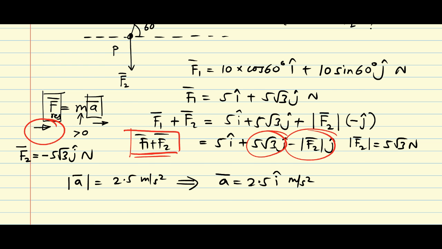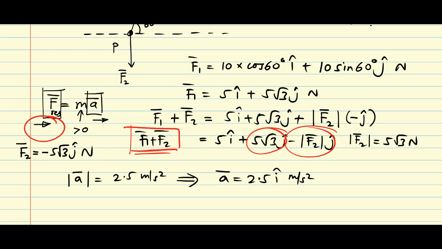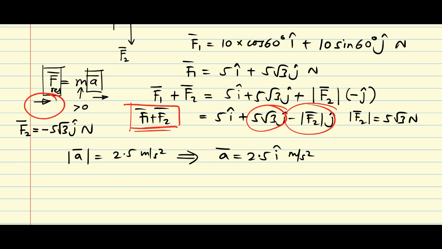I attached i cap because I know that the acceleration is in the rightward direction in this figure. So the acceleration, if it is 2.5 i cap, you're supposed to find what is the mass of the particle. Now let's see. The total force, the resultant force on the particle is mass times acceleration.